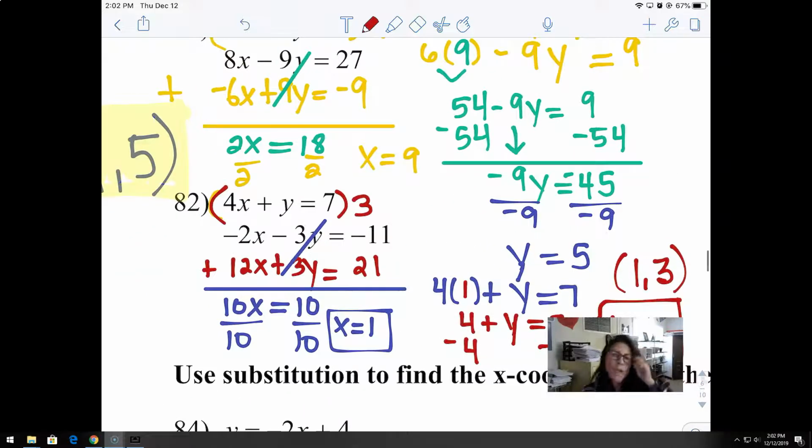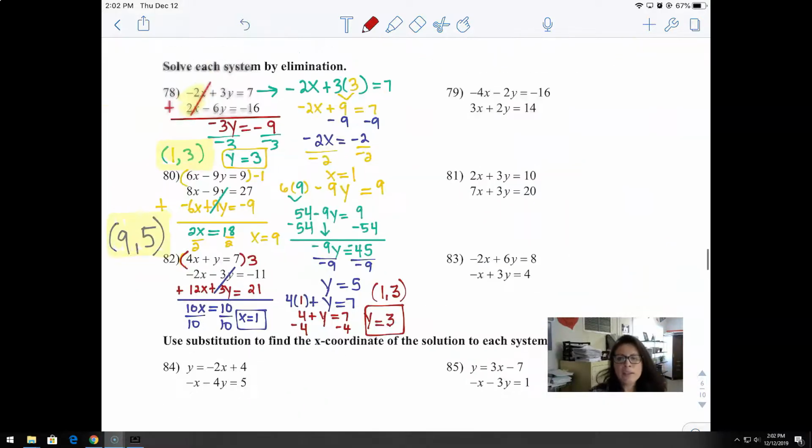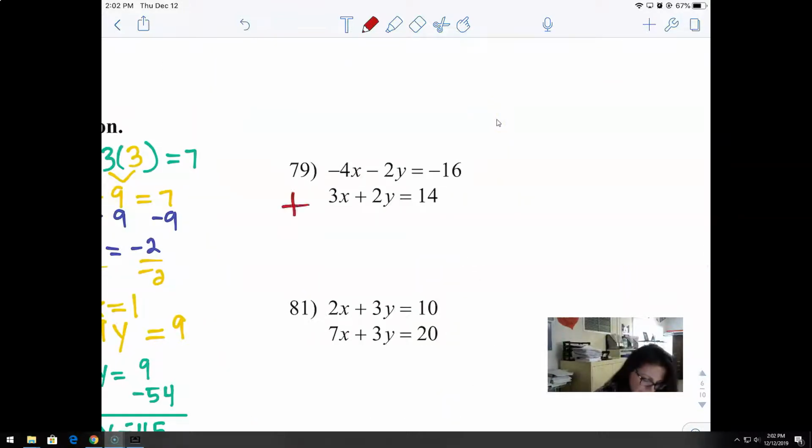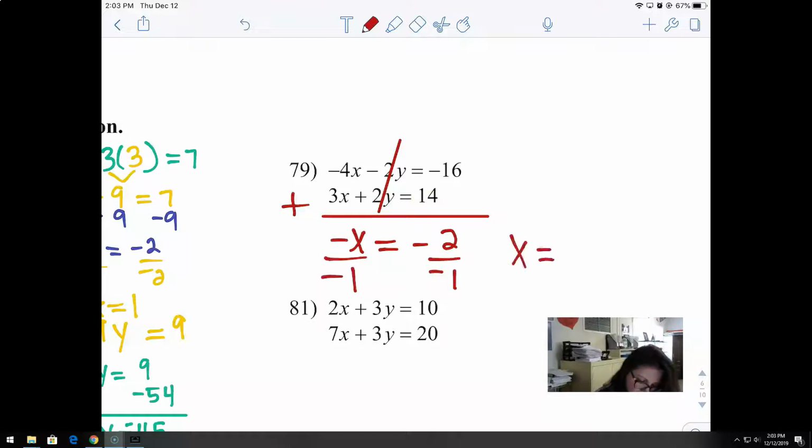All right, so you guys can try the odds. Looking here, if you just add, you'll be able to eliminate right away. You'll be able to eliminate these, and you're going to get a negative x equals negative 2, because negative 16 plus 14 is negative 2. Divide both sides by negative 1, and you get x equals negative 2 divided by negative 1, which is a positive 2.